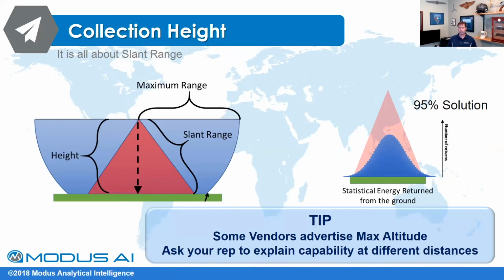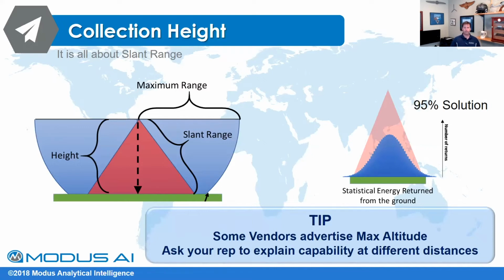Typically I use a field of view of 90 degrees, unless I'm getting into more advanced stuff. That allows some very simple math: my altitude times 2 is going to be my swath width. So if I'm at 100 feet, my swath width is going to be 200 feet. And then I take 10% off for overlap.